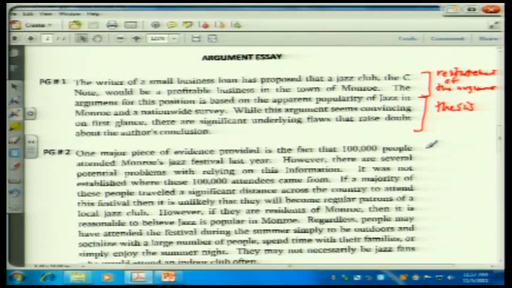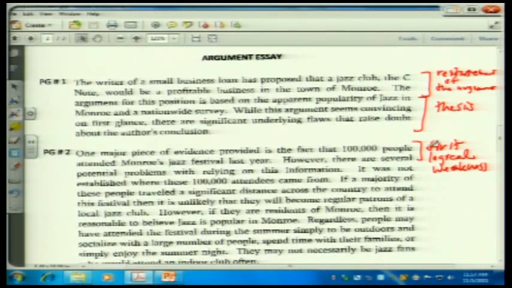And then paragraph 2 will be, again, the first weakness, the first logical weakness. And then you will elaborate on that weakness, right? Using examples, using explanations as to why you don't think that that's a strong logical piece of evidence.